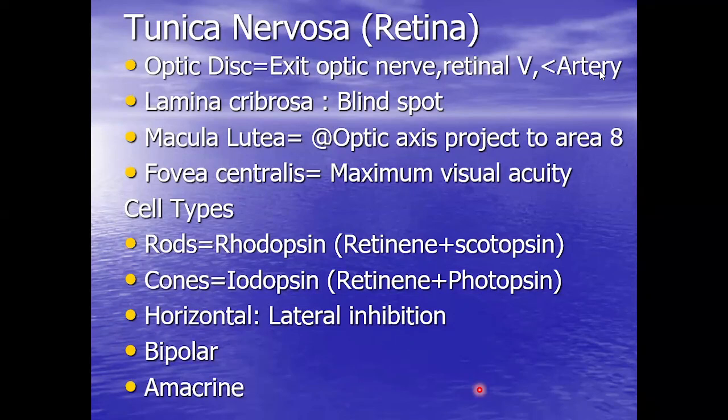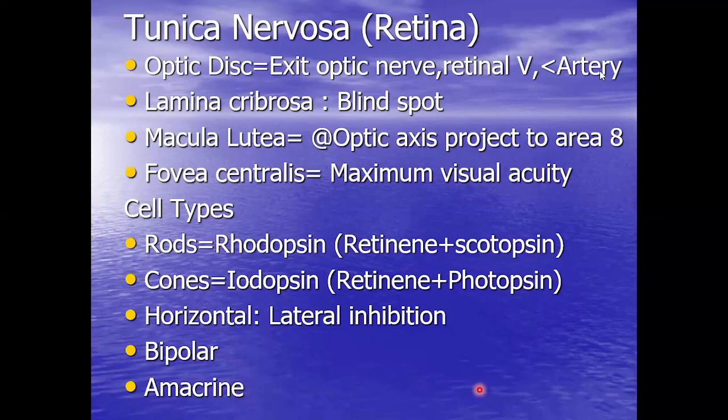And then amacrine cells. Amacrine cells have processes that can act as an axon or a dendrite. So they don't have a very specific axon or dendrite, but it depends on how the impulse is supposed to be transmitted.